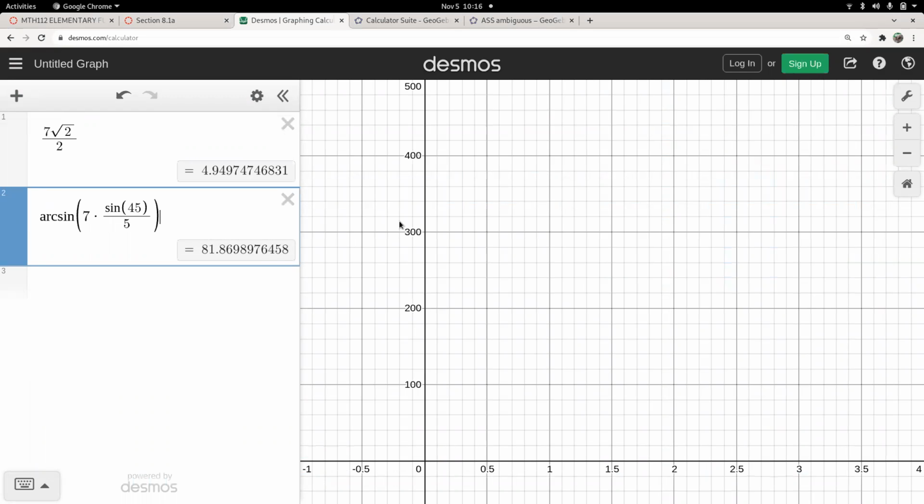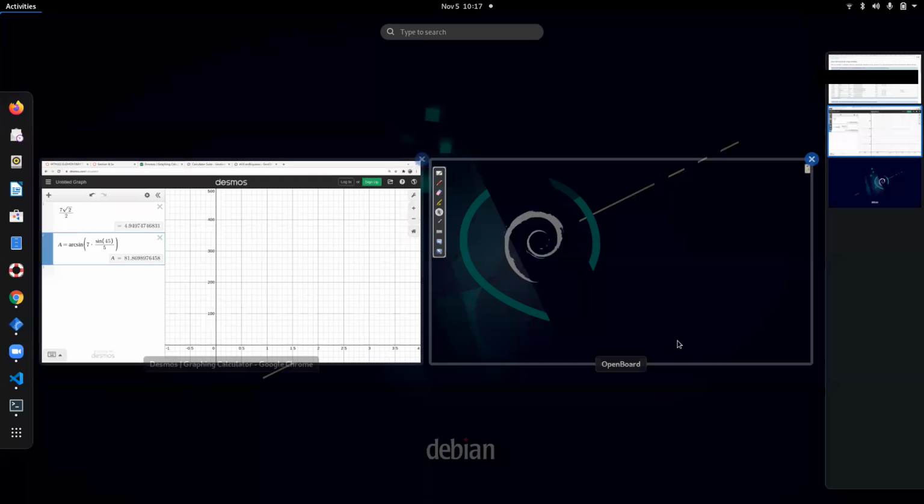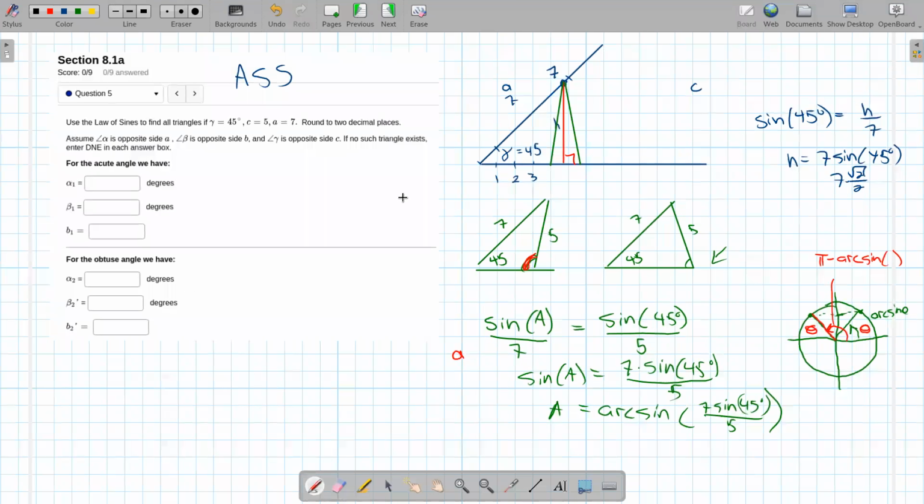Let's just round it to 82 for ease. We have the actual value there, and that is angle A here. So I'm going to call this capital A, and we're going to call it around 82 for the moment in the notes. We'll come back and get the better value when we need it. So this angle is about 82.